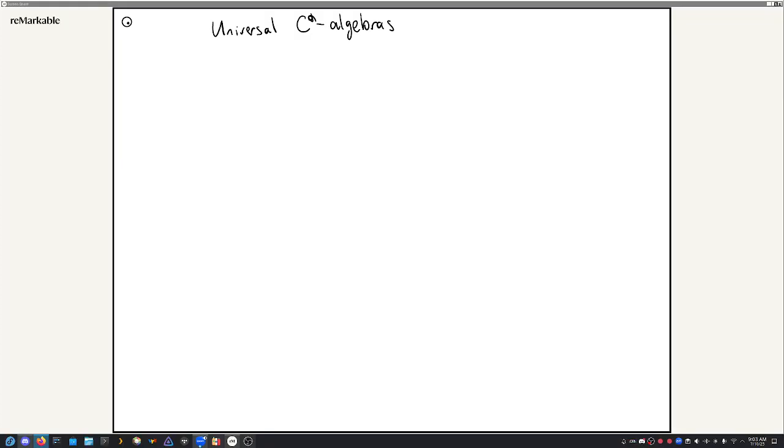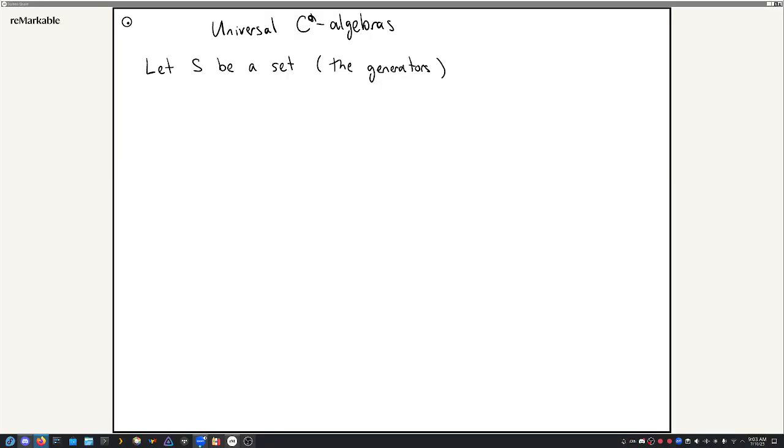So when I say universal C-star algebra, I mean some C-star algebra which is universal for a set of generators and relations. So we'll let S be some set, which I'll call the generators. And now I have to say what we mean by a relation.